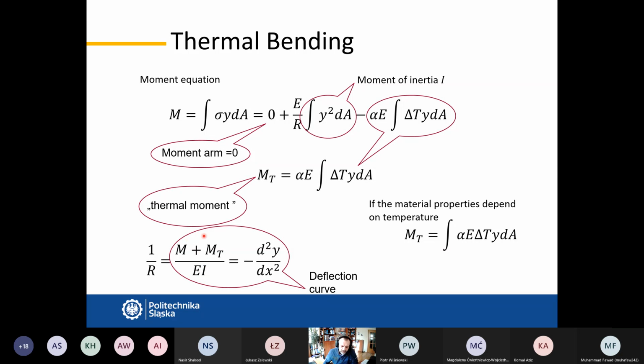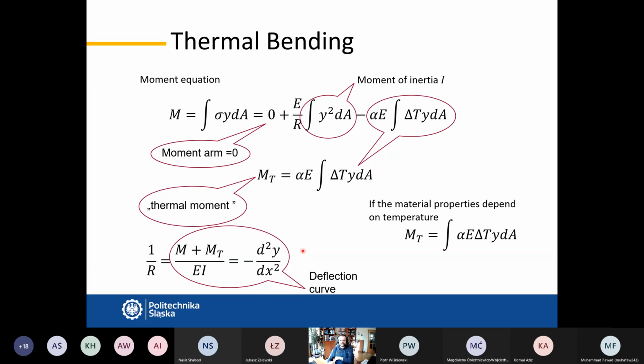Now we have two moments, one is the mechanical one, and the other is the thermal one. And you may remember that it is the second derivative of the deflection, the vertical movement, over dx. This is the deflection curve of the beam, the shape of the beam after deflection.